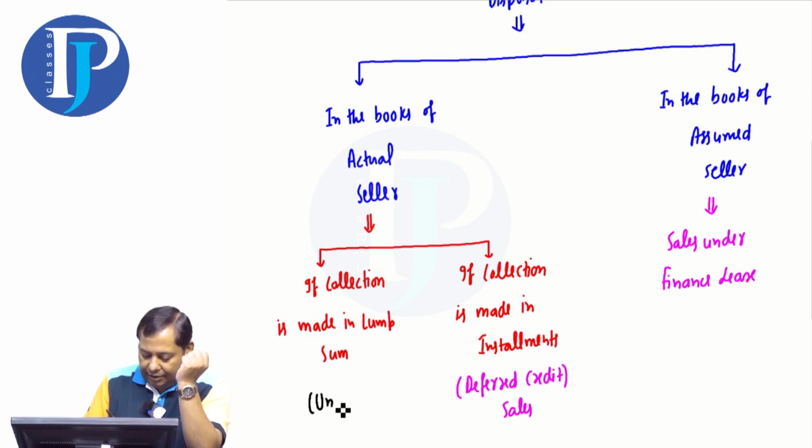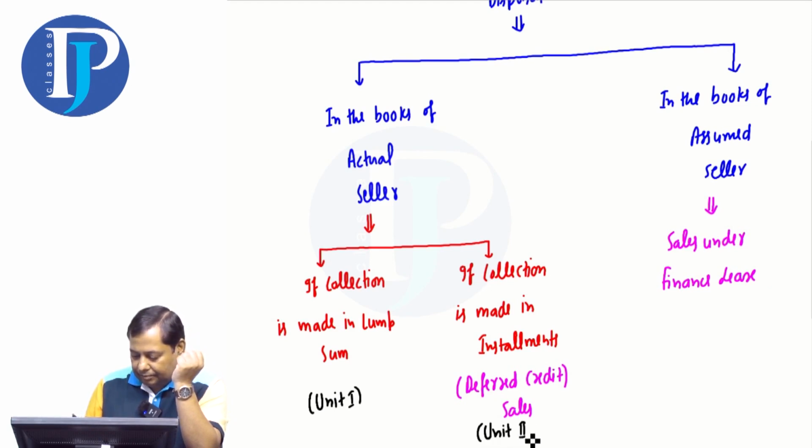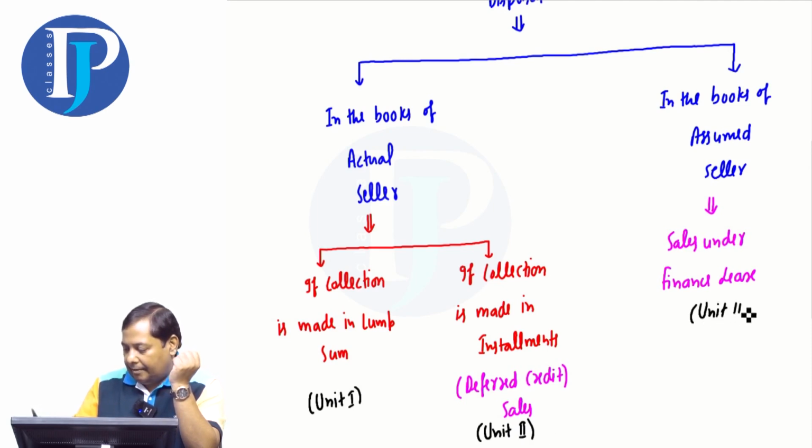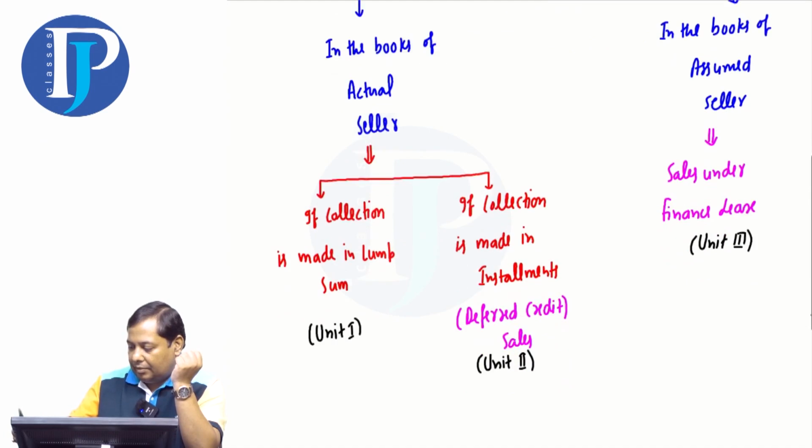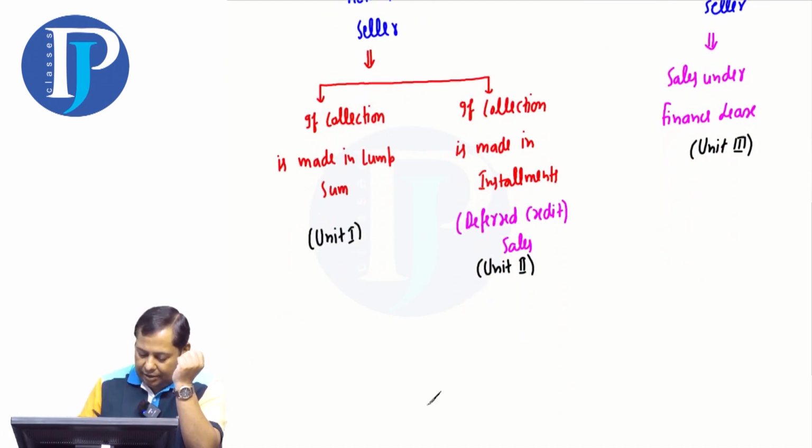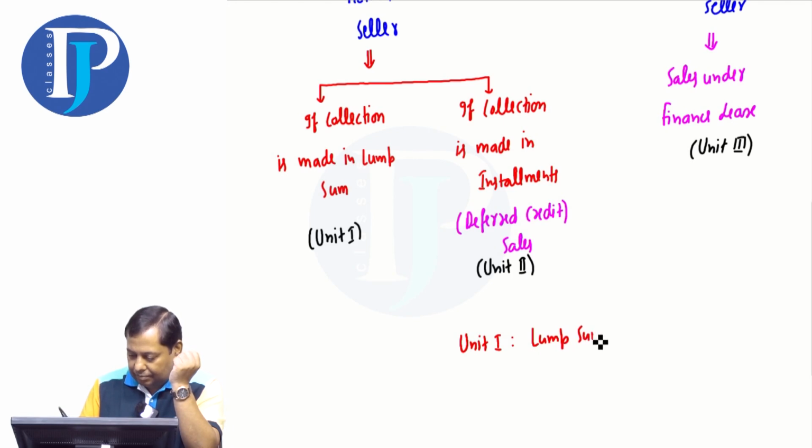This is our unit 1. This is our unit 2. And this is our unit 3. We have written unit 1 in the heading, as this is the easiest way to do the sale.